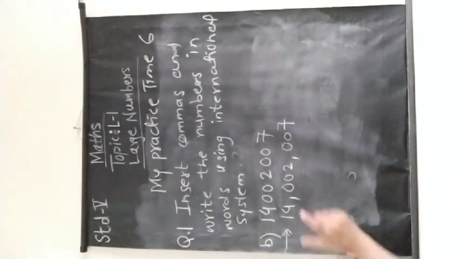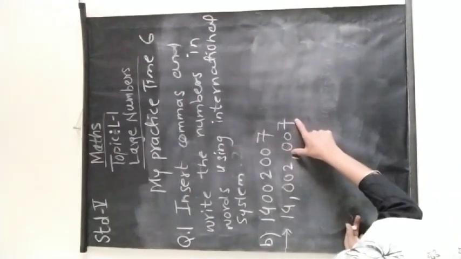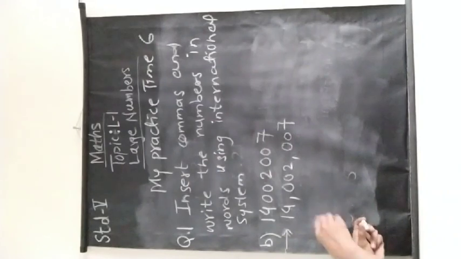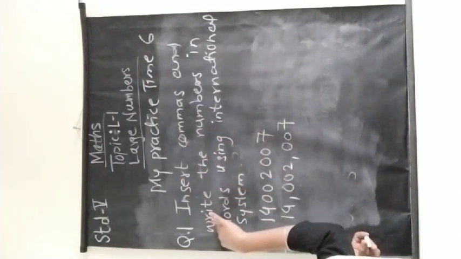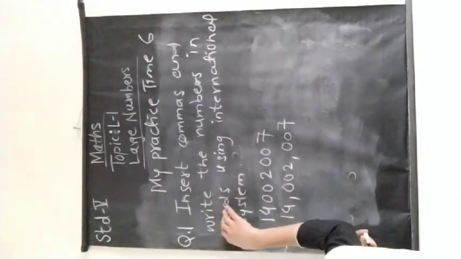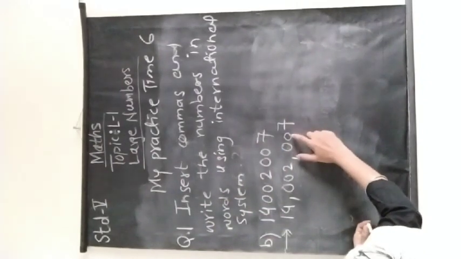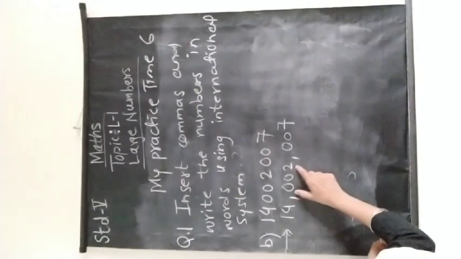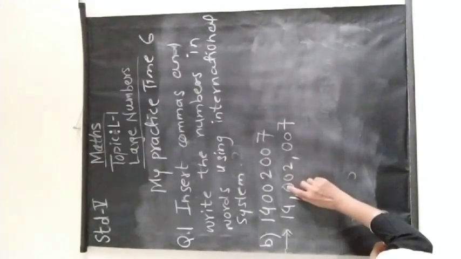Understand: make periods of 3. Just now we have learned the periods. The ones period has ones, tens and hundreds. The thousands period has thousands, 10,000 and 100,000.